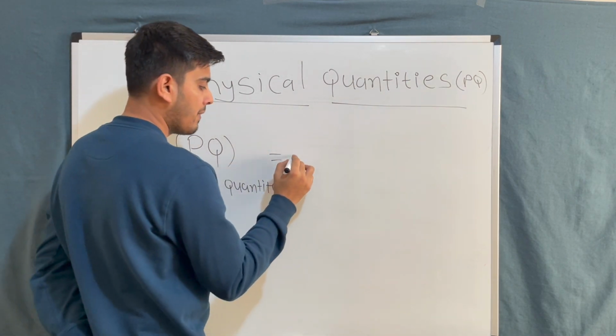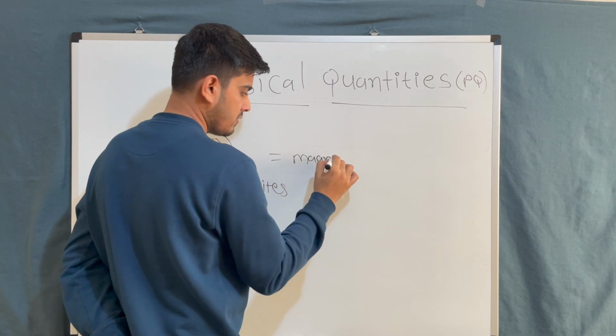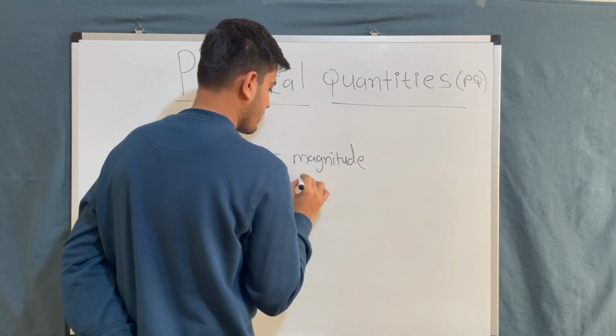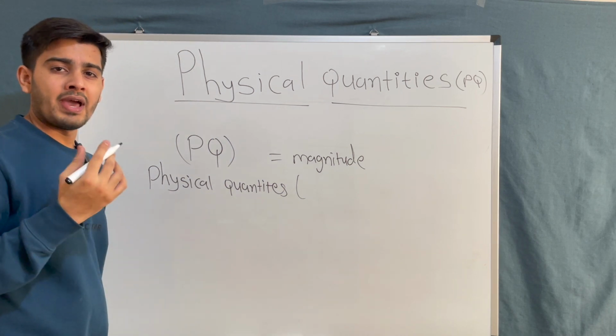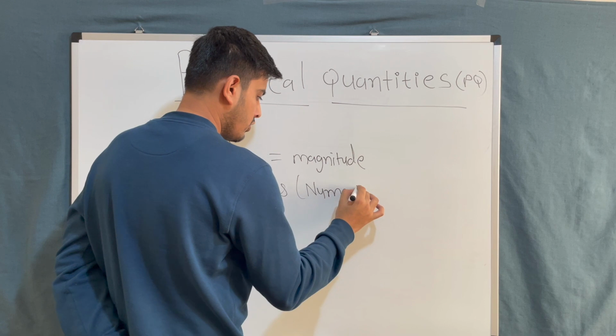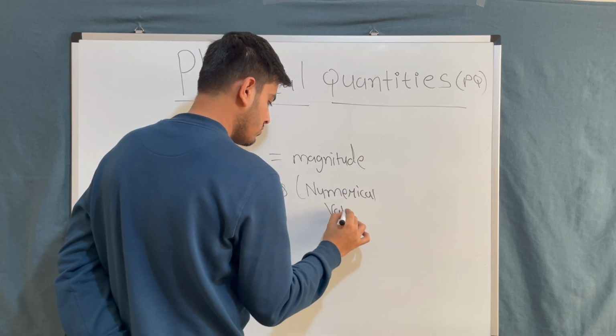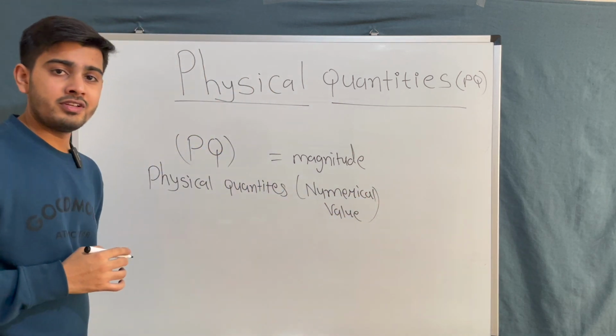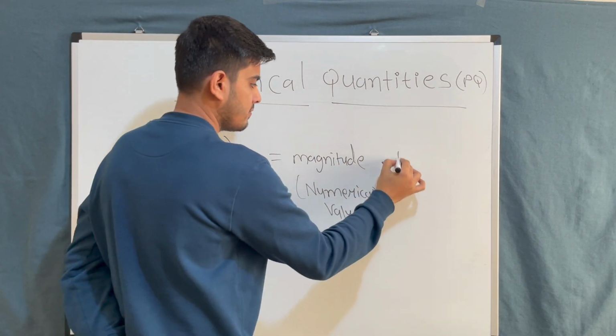One is magnitude. Magnitude means numerical value. And we need a unit.